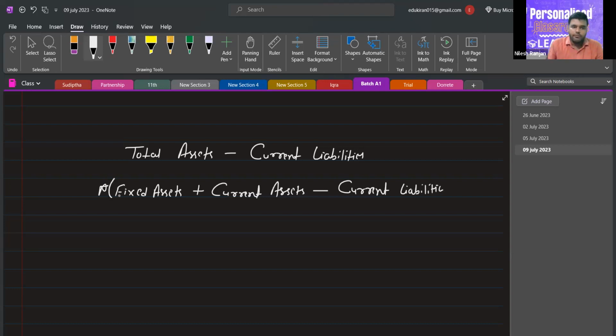Now, if we remove this fixed assets, what is the formula called? Current assets minus current liabilities. Working capital. So we can write this.